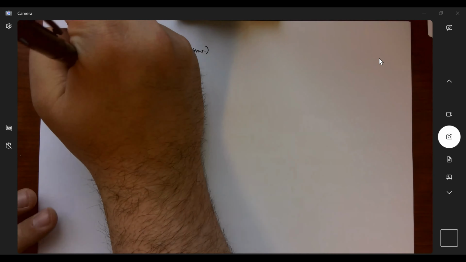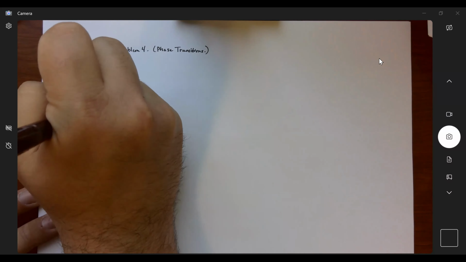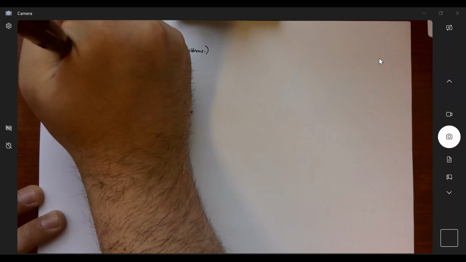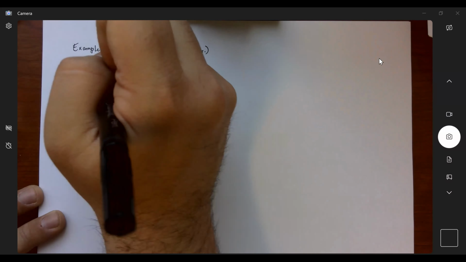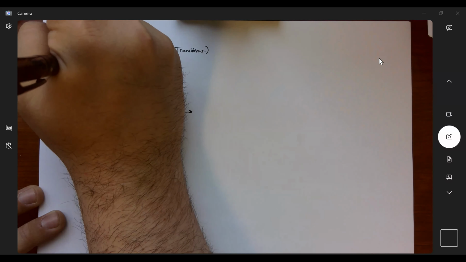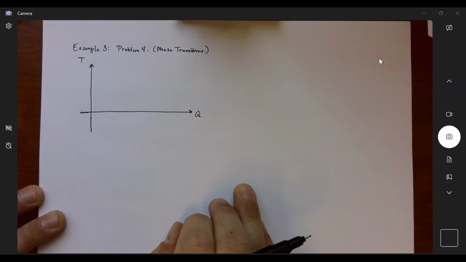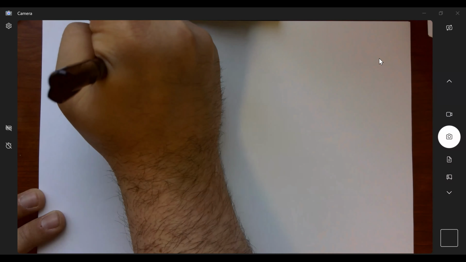And this kind of follows the graph that we looked at before. A little bit more here, where we had, what was this? This was the temperature as a function of the heat. And this is for water.